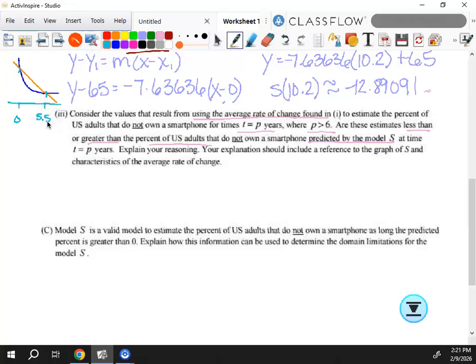So 6 and greater would be right here, because sometimes the orange line is more than the blue curve, sometimes it's less than. If I'm talking from 6 on, if p is greater than 6, are my estimates from the orange line going to be more or less than the blue curve? Less. Do we all agree with that?